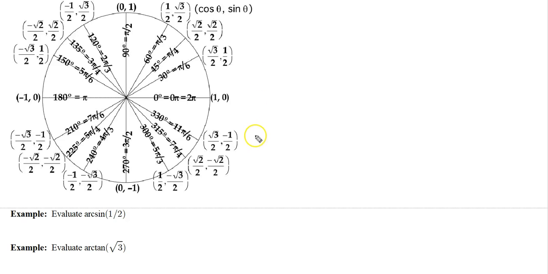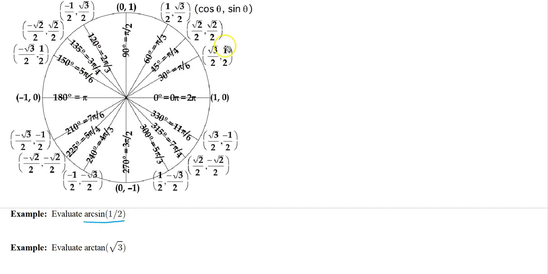So here we have a unit circle diagram that'll help us with these two examples. So let's evaluate the arc sine of 1/2. Well, the unit circle diagram up here lists the sine and cosine function values for common angles like pi over 6, pi over 4, pi over 3, and so on.